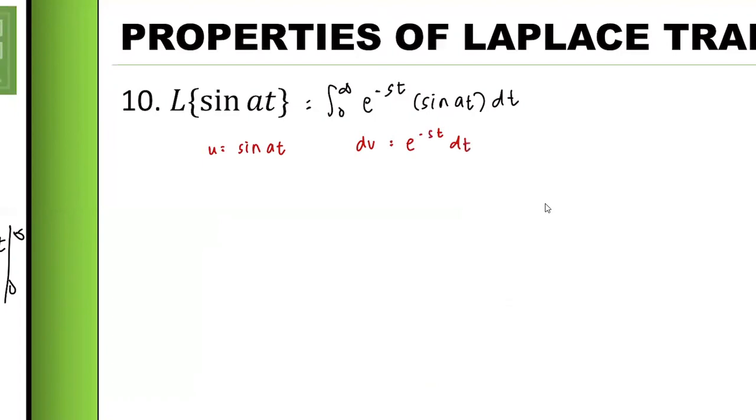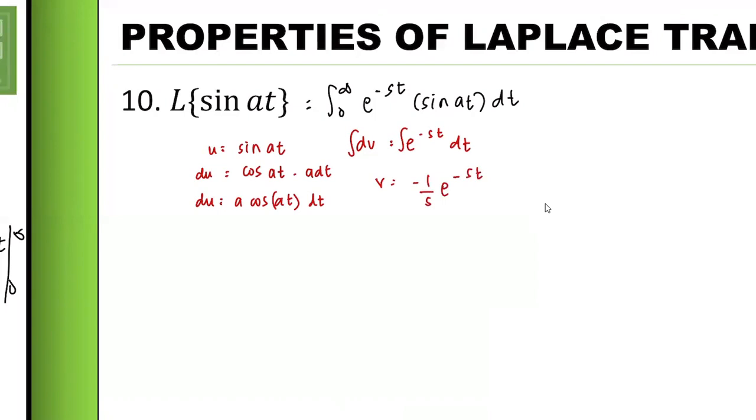Okay, e^(-st) dt. Okay, so derivative natin to. So this is du. And then derivative niya is cosine at times a dt, or du is equals to a cosine at dt. Okay, ito integral natin. So this is v is equals to negative 1 over s e^(-st).